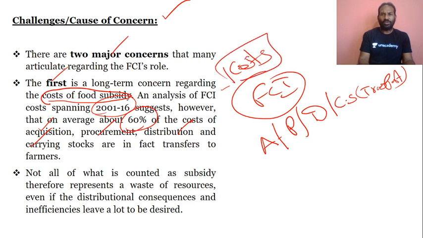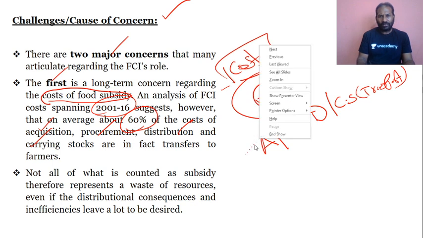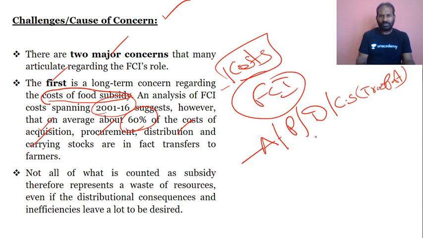So you incur a cost in regards to acquisition, procurement, distribution, and then carrying the stocks, or in fact transfers to the farmers. So all this is a major concern, and this is the cost of the food subsidy.